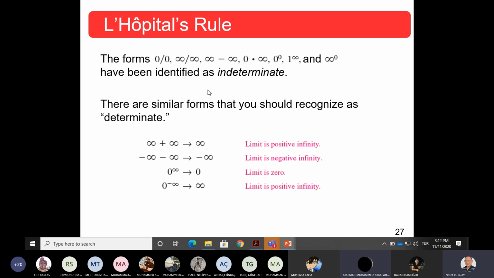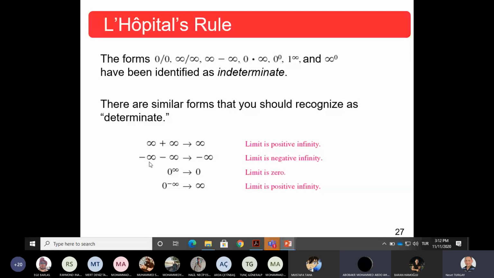We will come back to some other forms, but at that moment, the book also says that in my PDF forms also. Now look, these are not indeterminate, these are determinate. If you have a form like infinity plus infinity, this means that you are going to positive infinity.